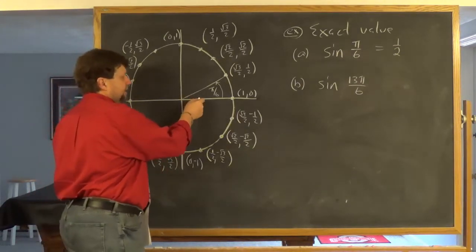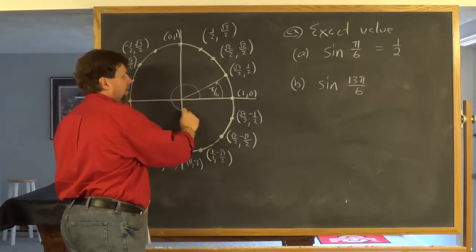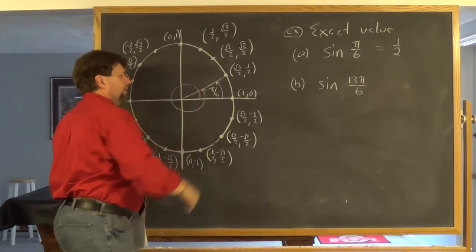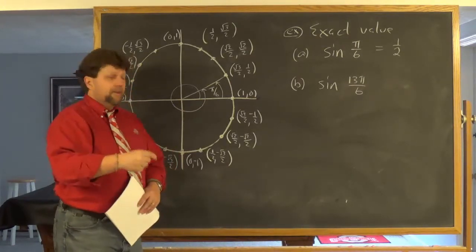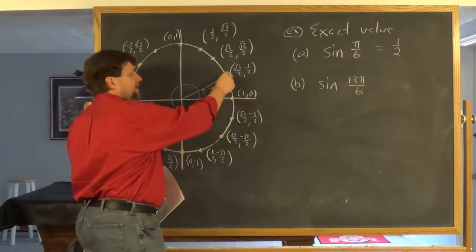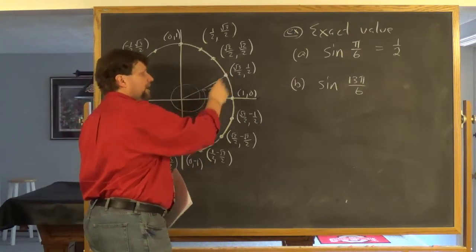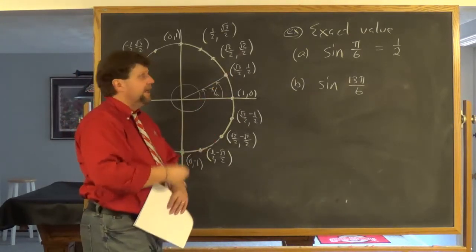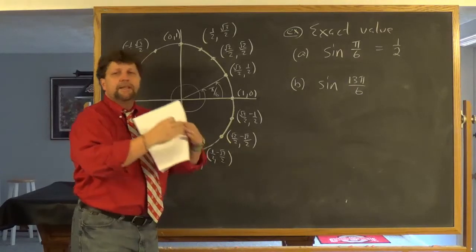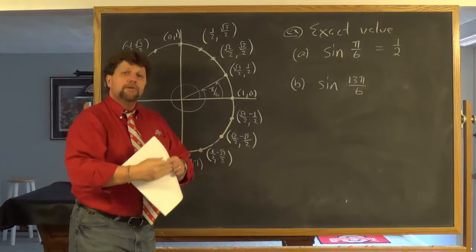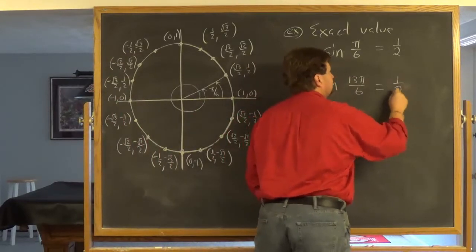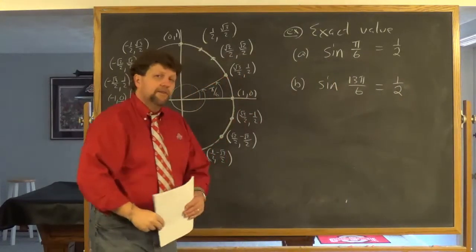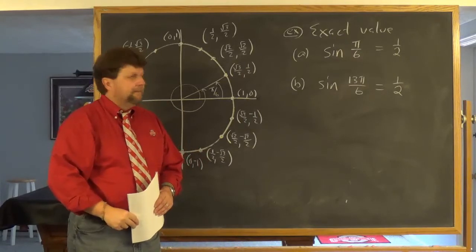If I were to sketch it, it would go all the way around. Boom. There's 13 pi over 6. So the sine of 13 pi over 6 is still going to be the y-coordinate of that point on the unit circle, because pi over 6 and 13 pi over 6 are coterminal angles. So the sine of 13 pi over 6 is 1/2.